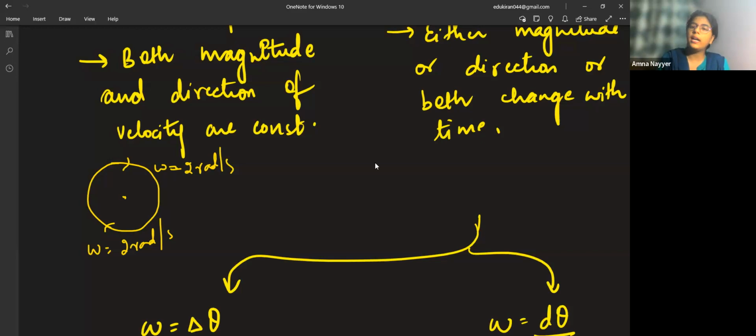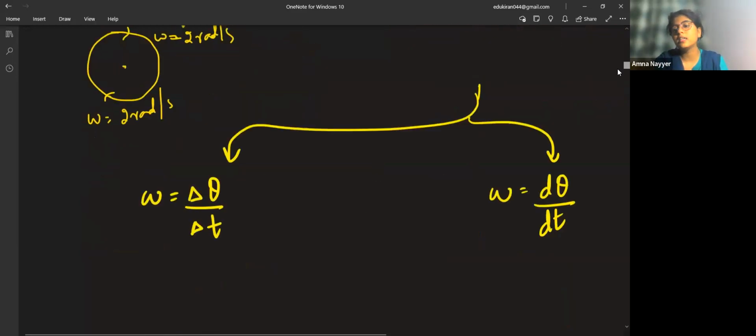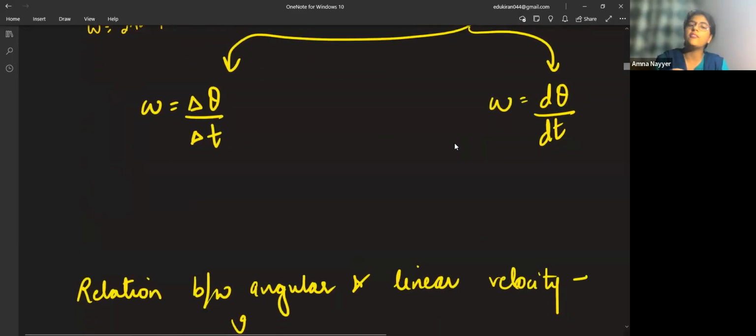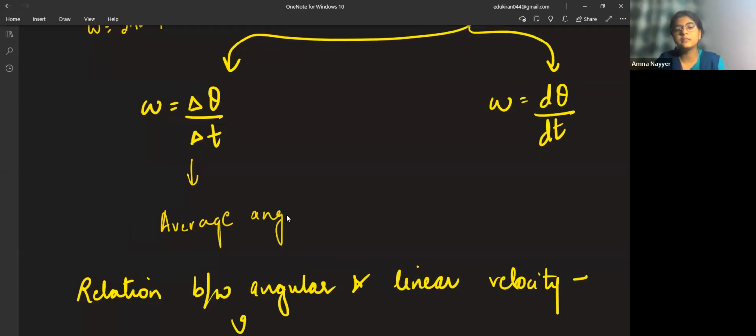So how do you calculate it? Again, you have two methods. You have instantaneous calculation and you have average calculation. So similar to velocity, when you have a particular duration, like 2 seconds to 4 seconds, 8 seconds to 10 seconds, 2 p.m. to 4 p.m., a particular time duration, in that case you have to calculate the average angular velocity.